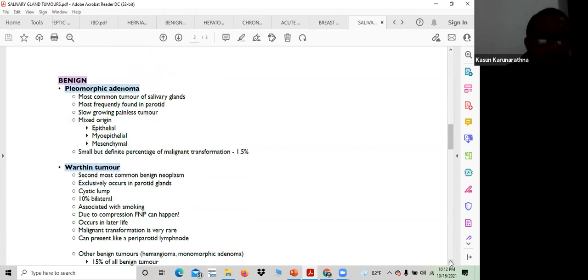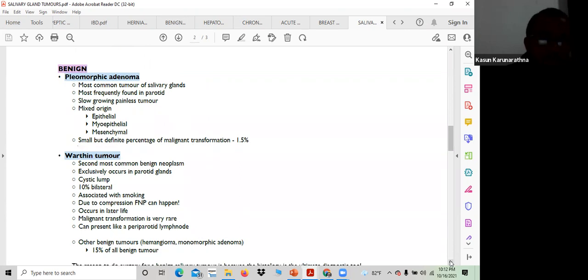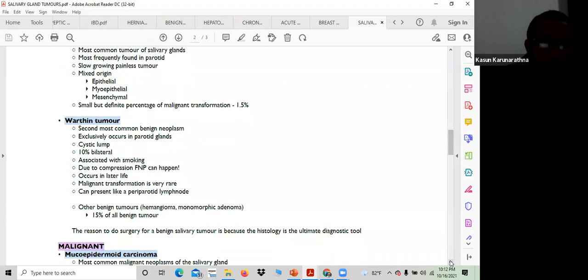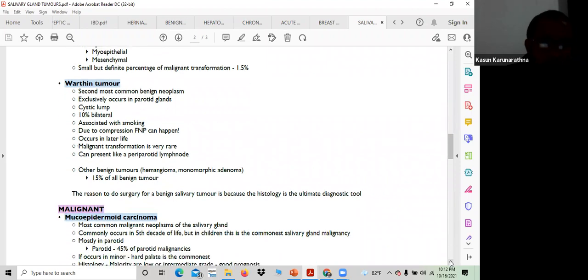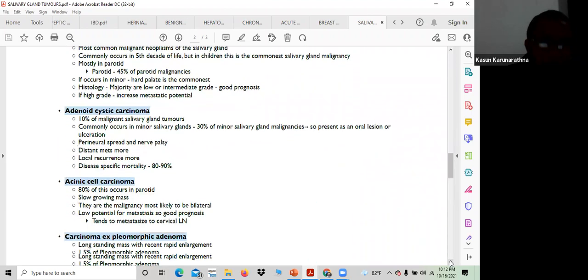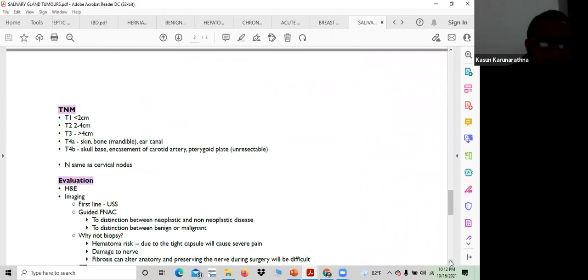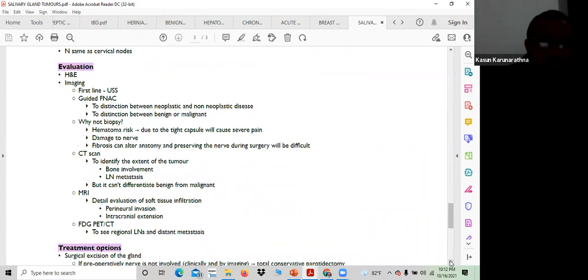Pleomorphic adenoma is the most common tumor of salivary gland, most frequently found in parotid, slow growing, painless tumor, and mixed in origin. Warthin's tumor, second most common, benign neoplasm, exclusively occurs in parotid, associated with smoking, right? Then, evaluation, first line imaging is ultrasound scan, guided FNAC to distinguish between neoplastic and non-neoplastic, right?